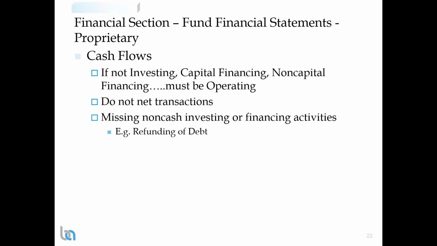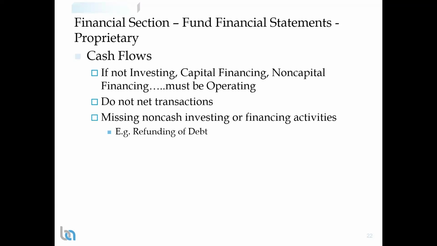So if you have a refunding of debt, or if you get into a contract for SBITA, or a lease contract for new equipment, there's no cash exchanging at that point of the transaction. However, you are recognizing assets and liabilities on your statement of net position. Those are considered non-cash transactions, and those should be disclosed at the bottom of your statement of cash flows as a separate section of non-cash items.